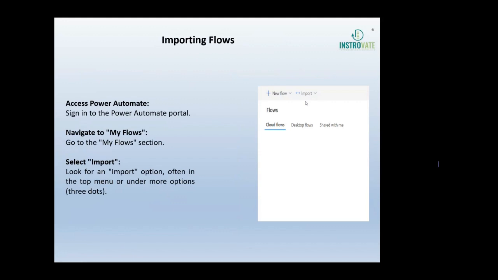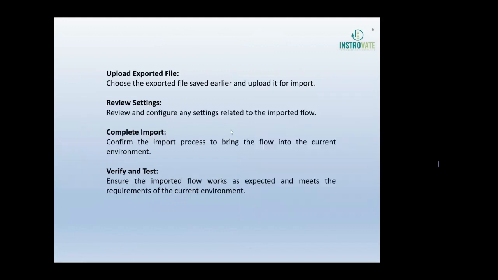First you need to select the import option in the top menu, and from there you can simply upload the exported file. Like if you have some files already in your system, you can import that file in the flow section, or you can also upload the file you have exported from some other environment.